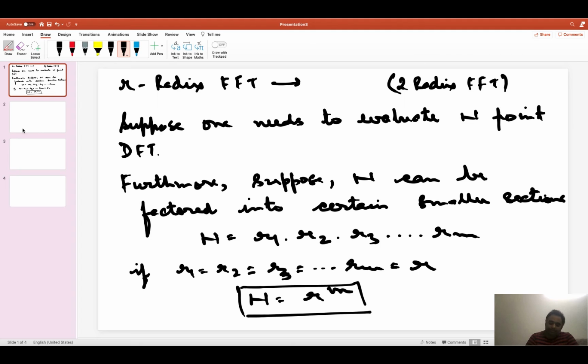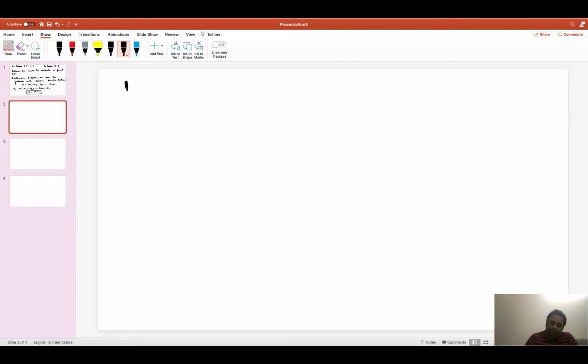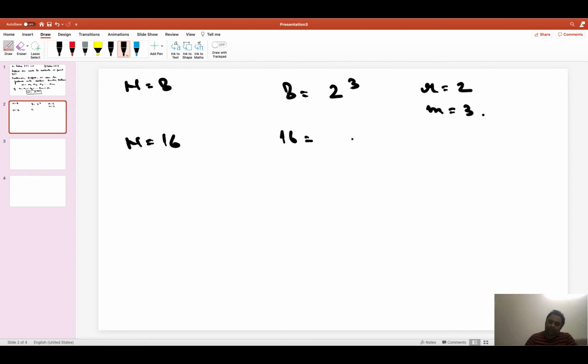For example, suppose I say that you have to calculate an 8-point DFT. So I can write 8 as 2 to the power 3, right? So in this case, your r is 2, your m is 3. Suppose I have, let's say, N is 16. Then I can write 16 as 2 to the power 4.